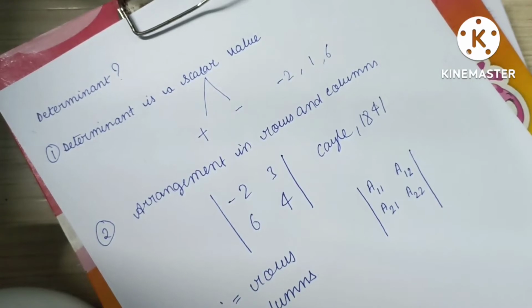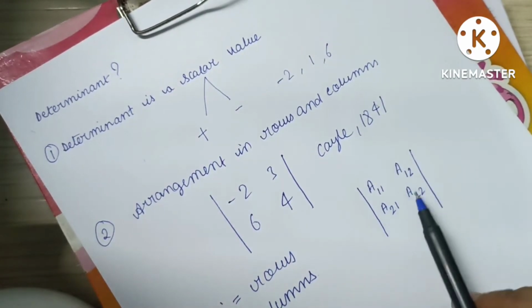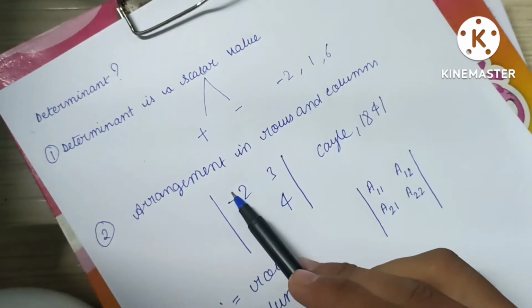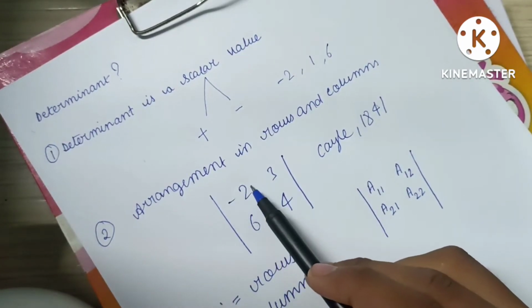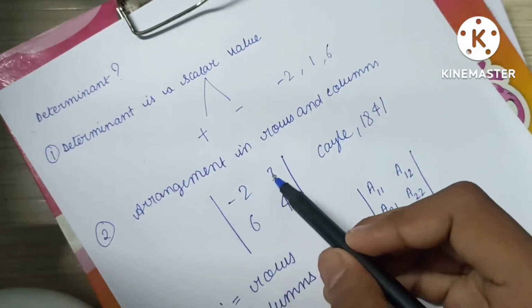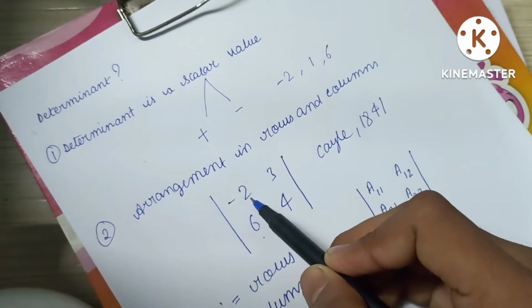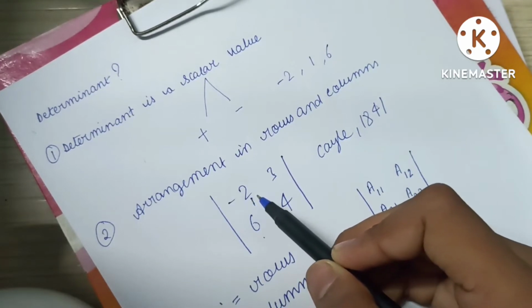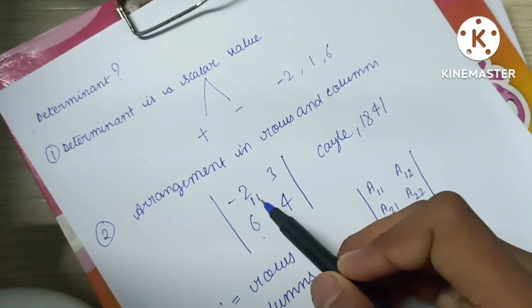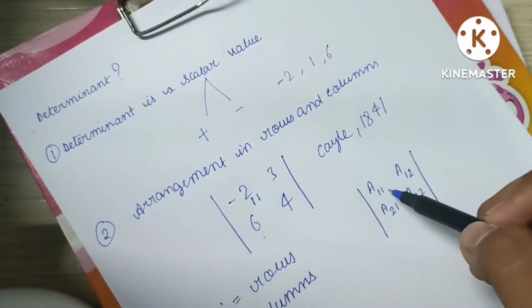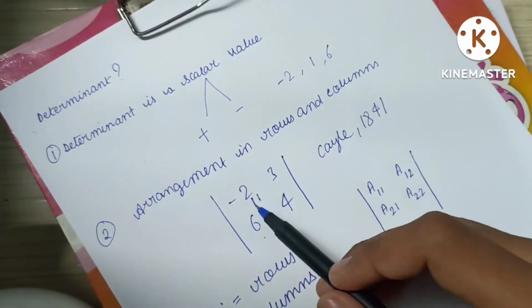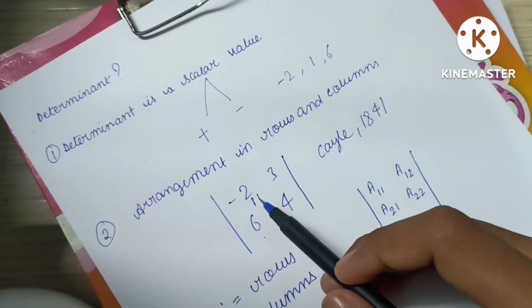Now remember these things. Why have I written 1,1, 1,2, 2,1 and 2,2? Suppose here is the number -2. It is in the first row and first column. So the row number is written first, 1, and the column number is written second, 1. That is why I have written a1,1. First we need to write the row number, then the column number.